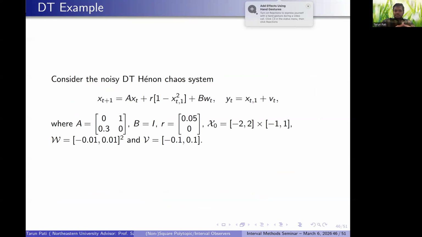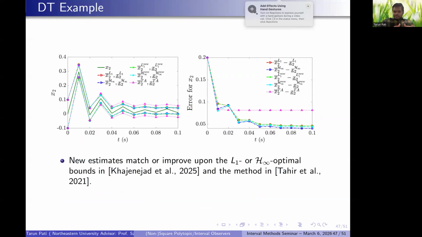For the discrete time example, we have chosen a discrete time chaos enhanced system as given here. Even in this example, the new estimates from our new approach match or improve upon L1 or H-infinity observer designs that we had previously, which involved mixed integer terms. They're also better than the methods provided in some standard interval observer literature.